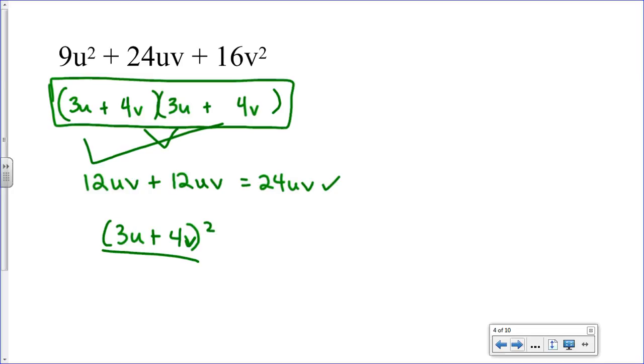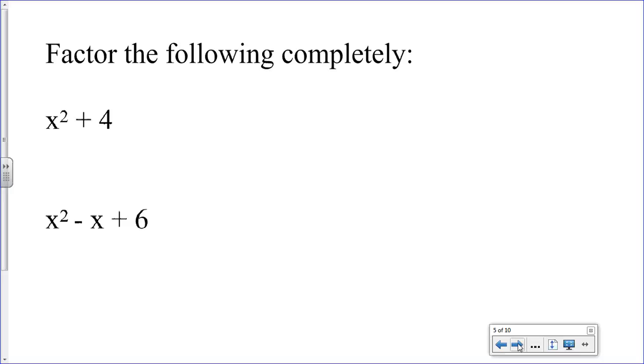All right, let's look at a few more. So the x squared plus 4, no common factor.